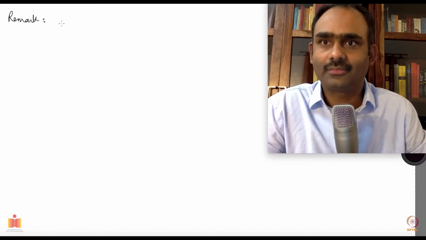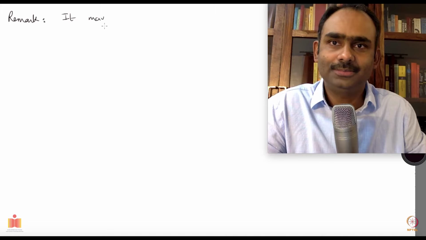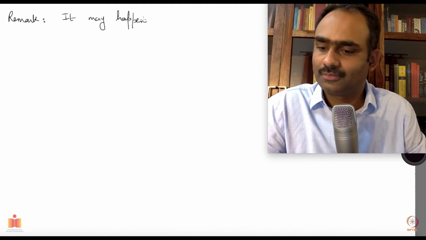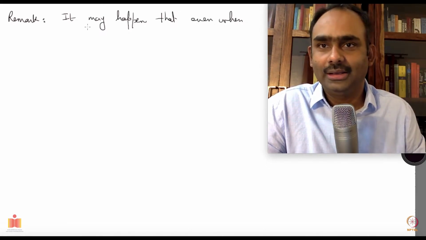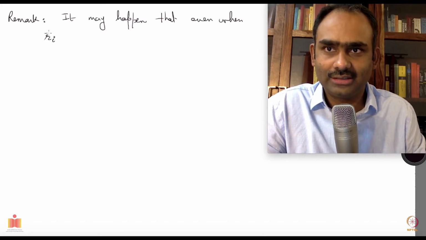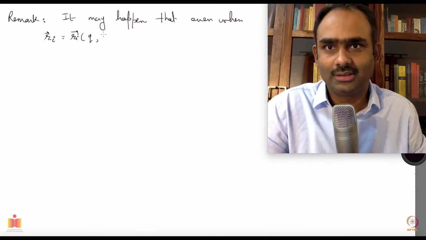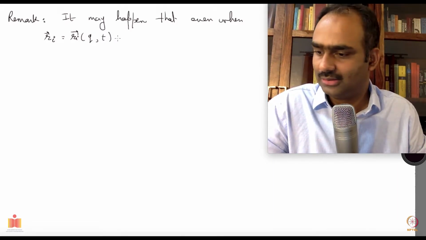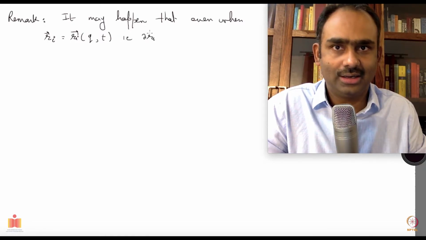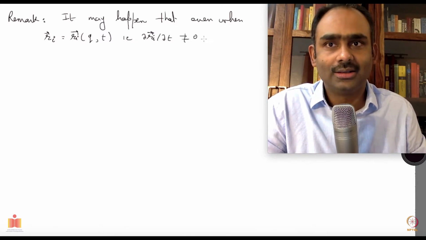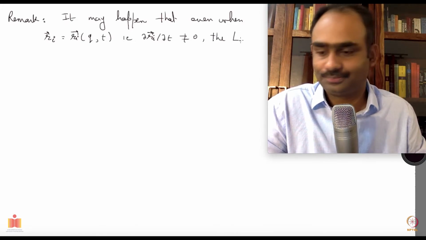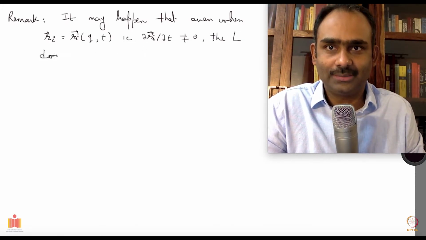Remark: it may happen that even when your transformation from the Cartesian to generalized coordinates is a function of time explicitly, that is del r_i over del t is not equal to 0, the Lagrangian does not depend explicitly on time.